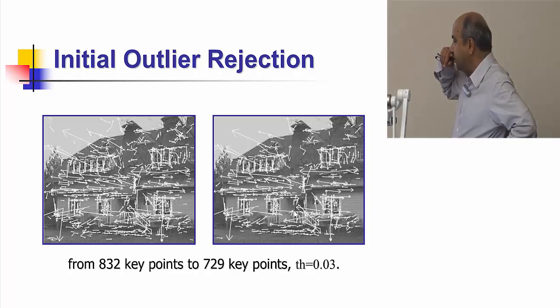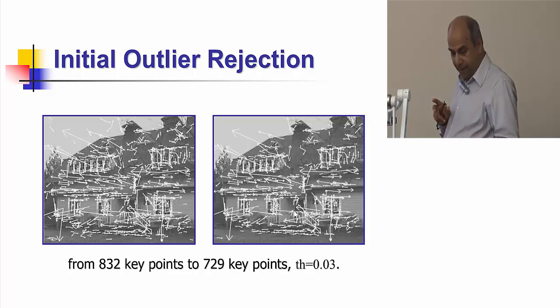On the left are shown the original ones. We have 832, and when we apply this threshold, we get 729. So that improves things, as some of these are rejected.